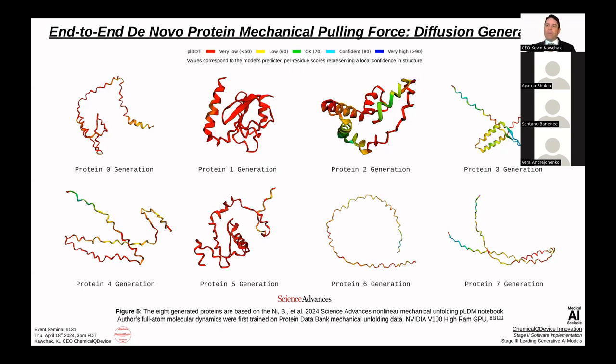Now, a little heads up is I had some issues with this notebook that the authors put up, modifying anything else beyond the number of proteins generated. The thing you have to look out for is the force curve is for what the proteins are conditioned on. It's not the actual force curve for the proteins that were generated.